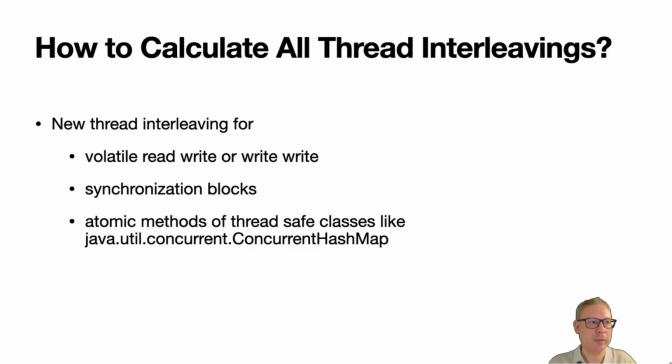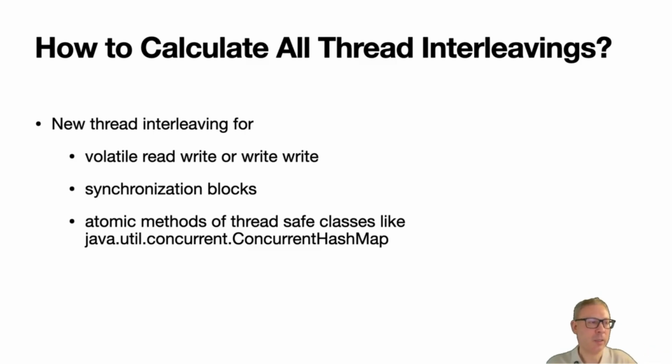We need to create new thread interleavings for calls to atomic methods of thread safe classes like ConcurrentHashMap. And for all those cases, we need to look at the order, and therefore we need to create an order between those two threads, and need to define them, and basically need a new thread interleaving.